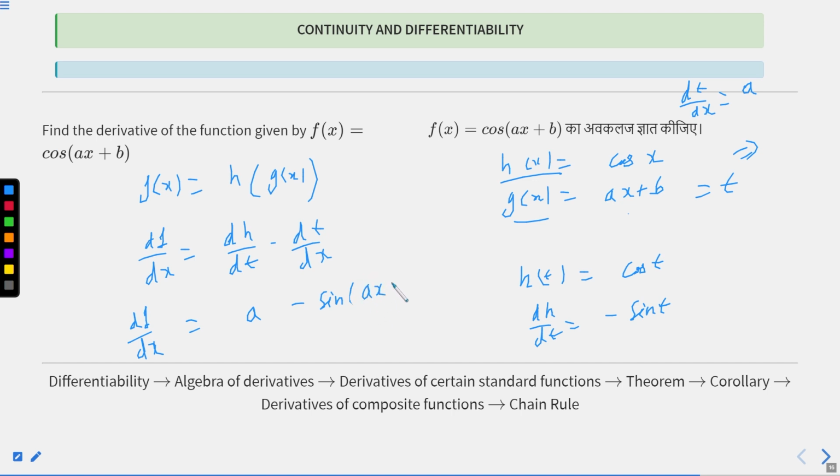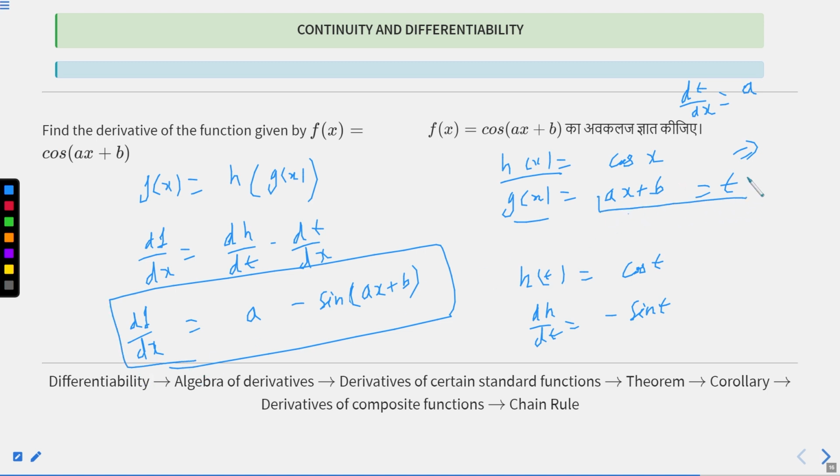So I can rewrite it like this, and your final answer will be minus a sine of ax plus b. Please remember to substitute it back into the final answer. Clear? I hope that now you are getting familiar with what differentiability is, what its definition says, how you approach a question, why the chain rule is a main thing in differentiability, and all sorts of things. Very simple things we are doing.